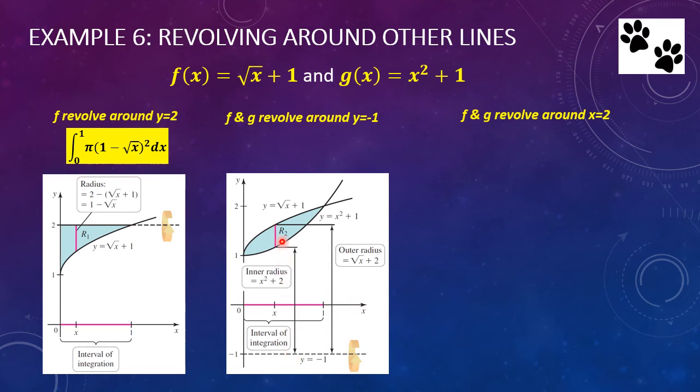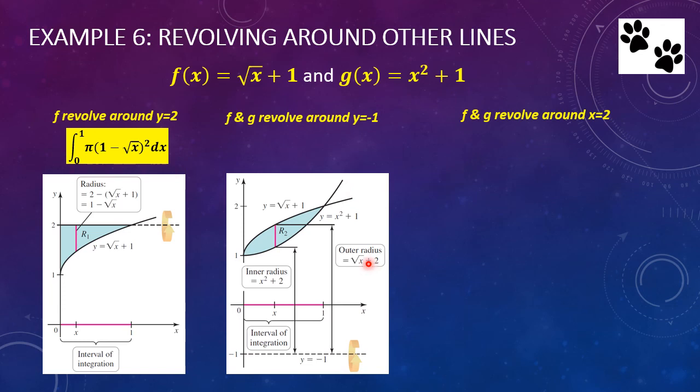So in all of these problems, the normal radius is the function, so it's from the graph, the outer function, which is the square root of x plus 1, to the x-axis. And now we need to add another unit of 1 for this distance, which will be the new radius. And so we get the square root of x plus 2.